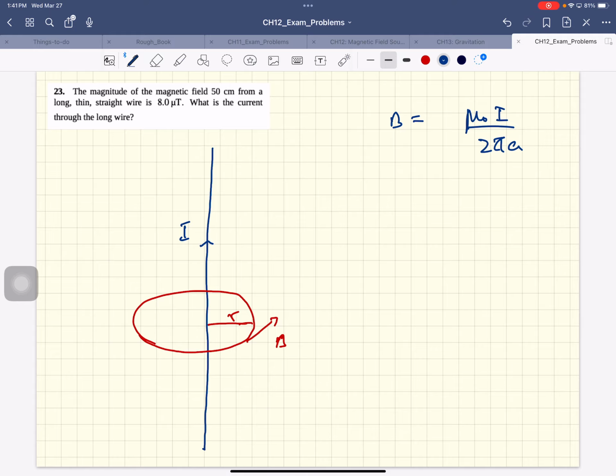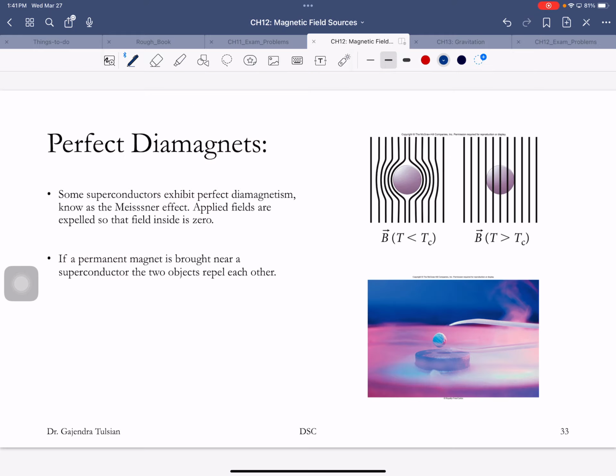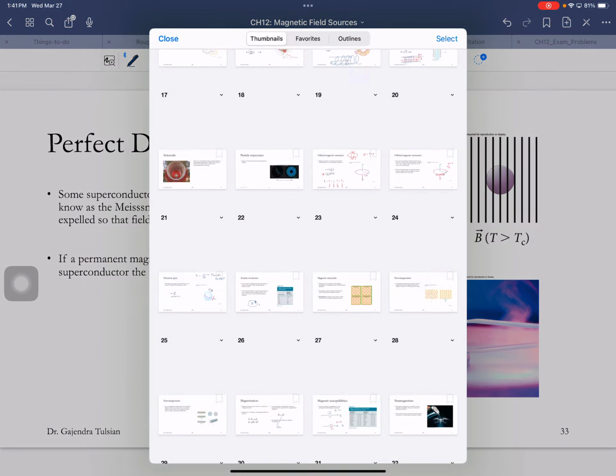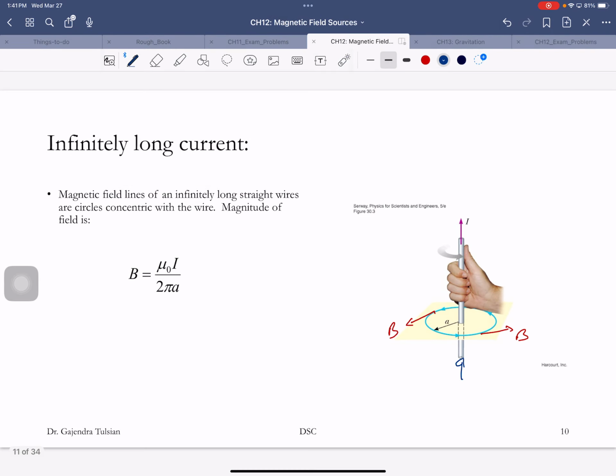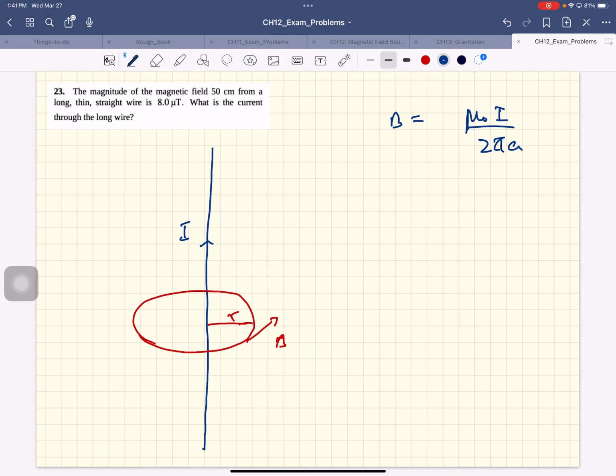Let me make sure of that. The factor. Yeah, 2 pi a. Okay, R is the distance. So they tell you the field is 8 microtesla and the distance is 50 centimeters.